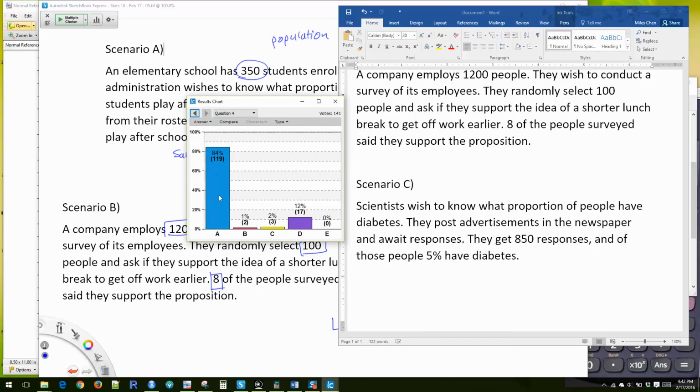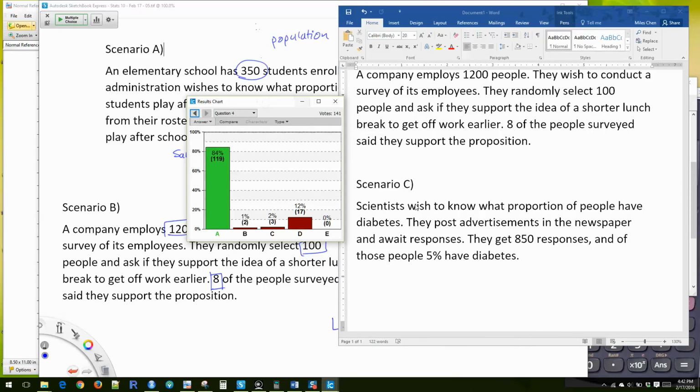So those of you who selected that the random and independent condition is violated, you are correct. This sample is not random, because we're obtaining our sample via responses to newspaper ads, so it's going to suffer voluntary response bias.